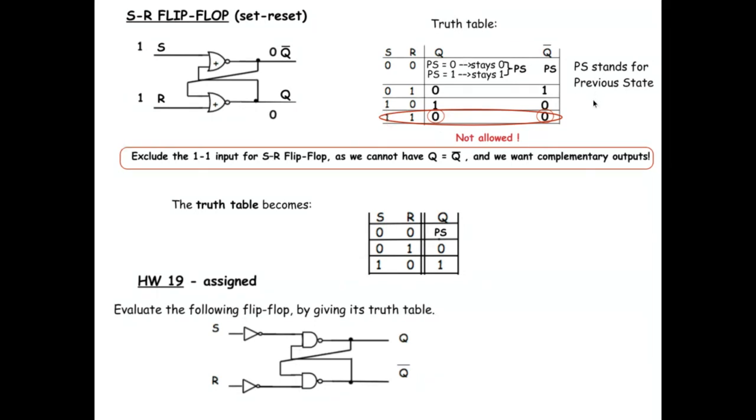And we nixed this impossible possibility where they're not complements of each other, right? So essentially, we've restricted input combinations. We will not build our computer to ever have a situation when both R and S are 1. They can both be 0, or they can be complementary to each other. Okay?